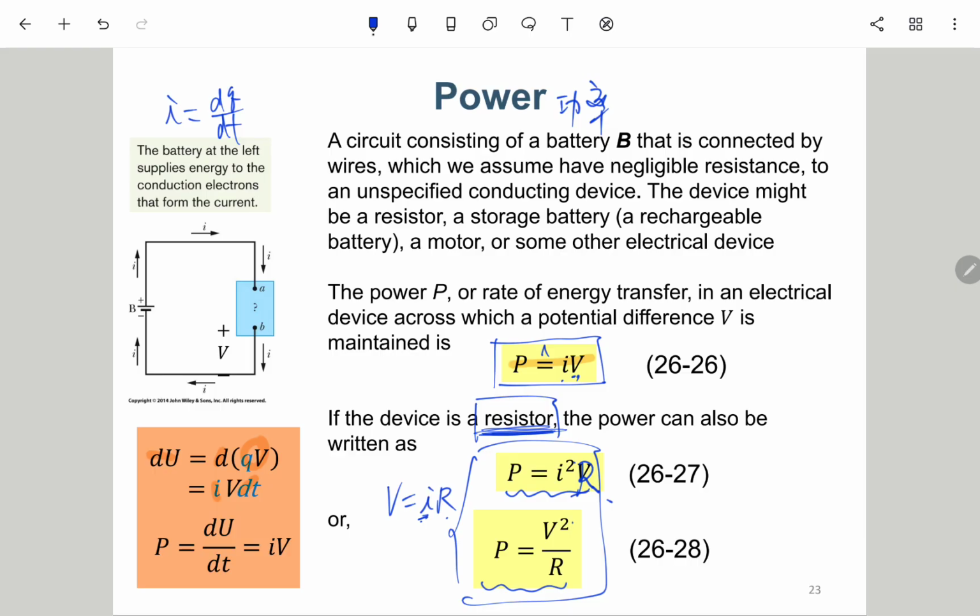V we assume is a constant, so just put it outside. So we find IV dt, and then moving this one to the left side, dU dt will be the power, which is I times V. So this is always true, this is like a definition.